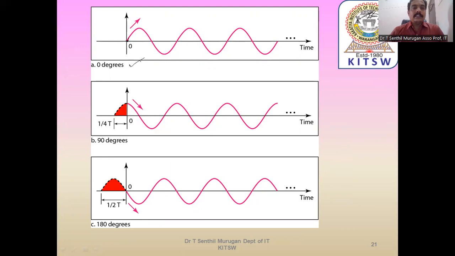In the second case, the signal starts at time 0 with 90 degrees, so the phase of the signal is 90 degrees. In the next case, the half is already over, so we start from the next half, and the phase is 180 degrees.